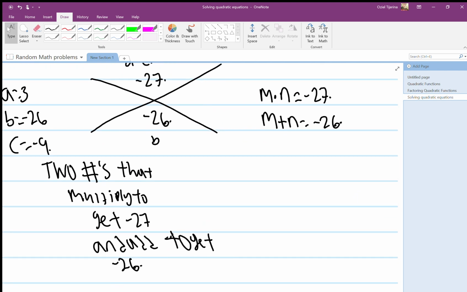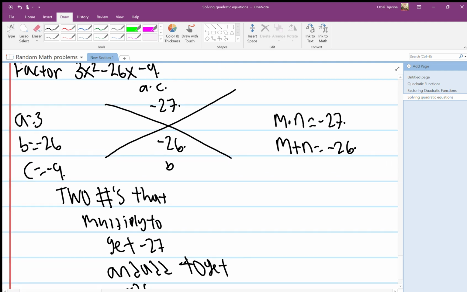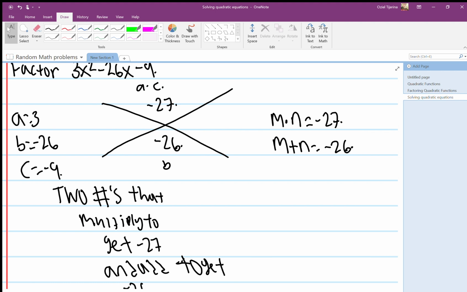Be careful, you don't want to go ahead and do systems of equations with these, because it's just gonna make a mess.